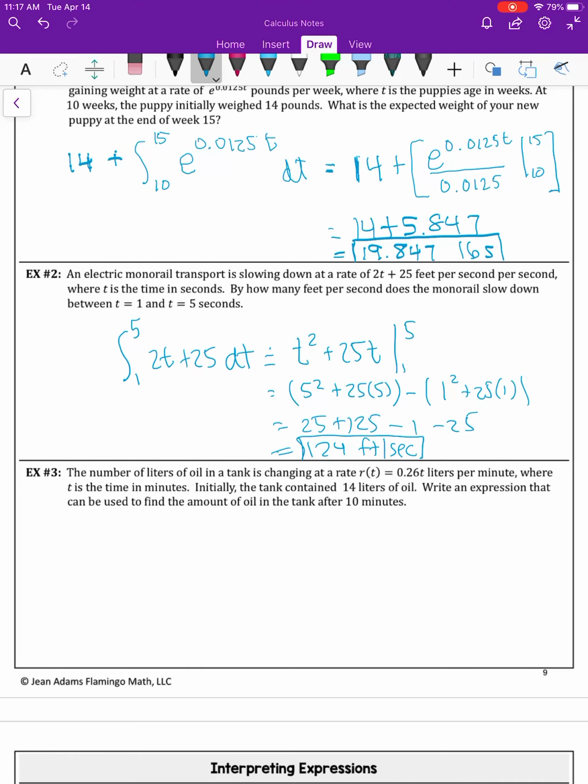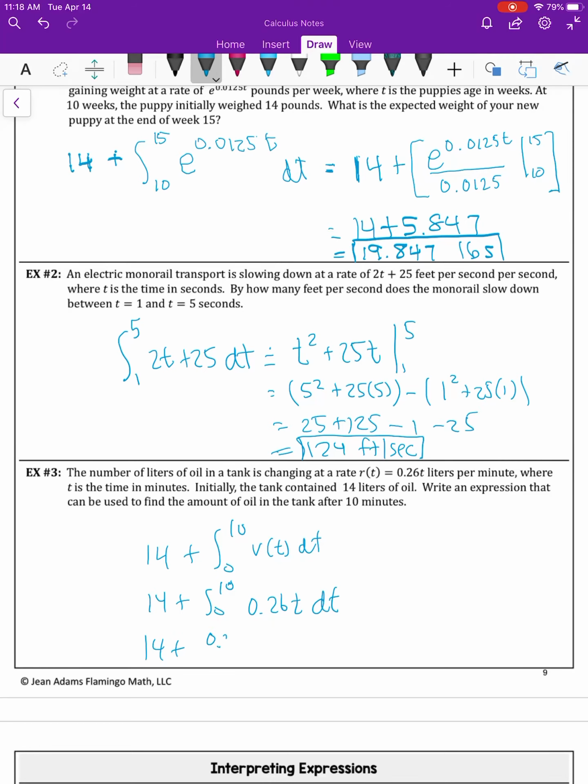So initially 14 liters of oil, and then if we integrate the rate for the next 10 minutes and add it to that 14, we should get the amount of oil that is in the tank. So initially 14 plus the integral from 0 to 10 of R of t dt.